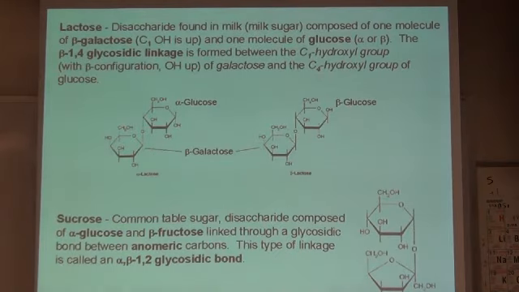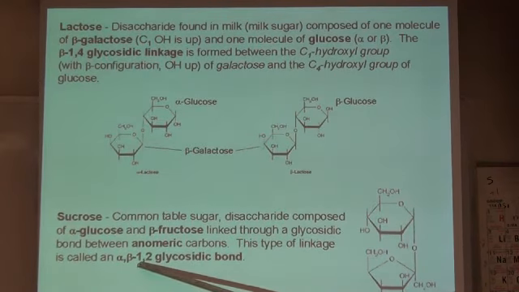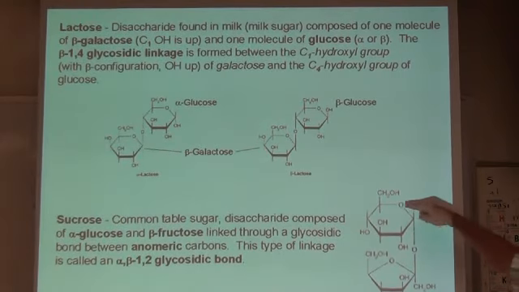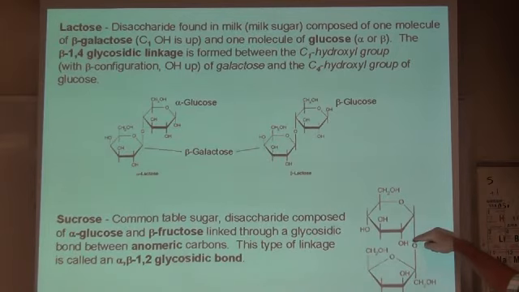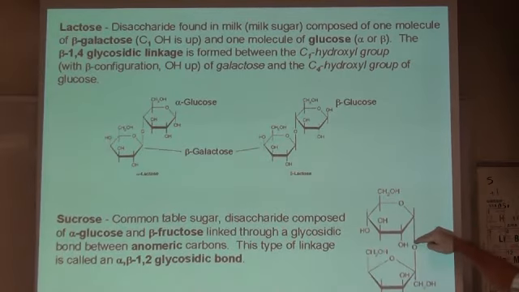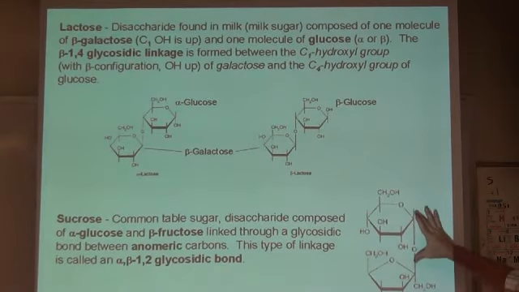I don't particularly like that name because it doesn't tell you which one's alpha and which one's beta. Oxygen 1 to the right going down, alpha, right? This should be an alpha 1, beta 2, so that it tells you which one of these is going up and down, because this could be going up and that could be going down.